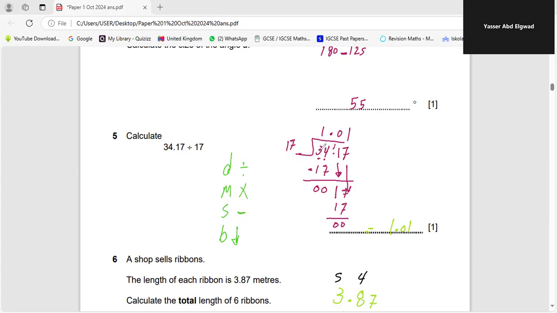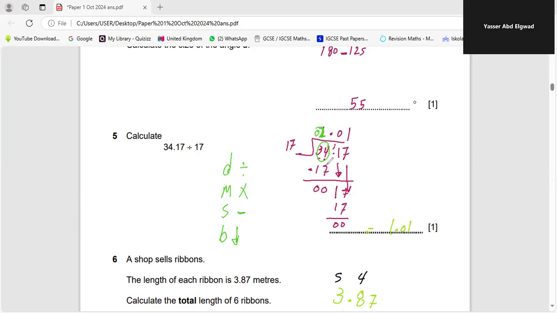Here I start with 3 divided by 17. We can put 0. Then 34 divided by 17. If you watch the number, we multiply by 17 to get it. The answer here is 2. I have to put 2.